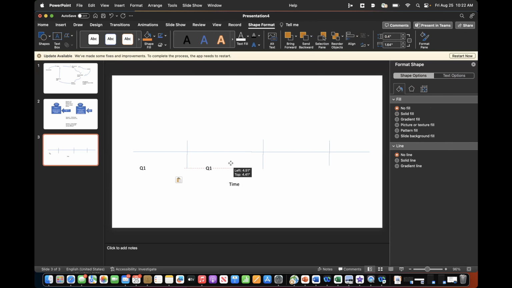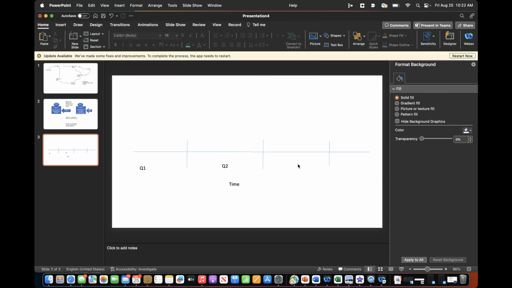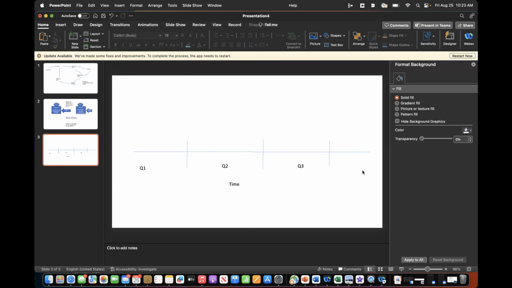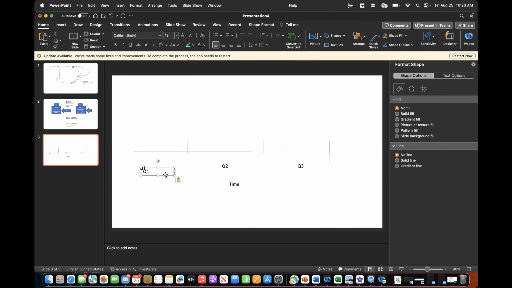Here's what we'll have for Q2, and we'll do this until we have all 4 quarters represented. This will be Q3, and this will be Q4.